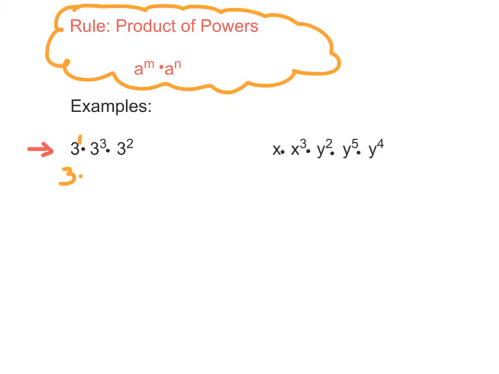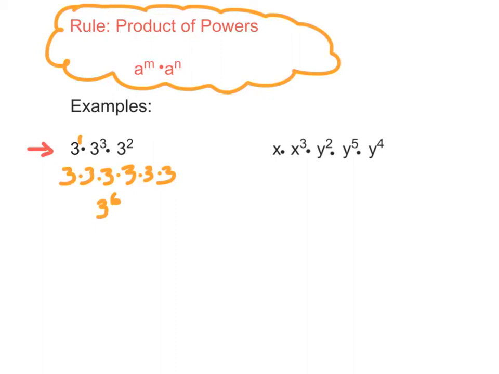Then 3 to the third is 3 times 3 times 3. And 3 to the second is 3 times 3. Now we have 3 times 3 times 3 times 3 times 3 times 3. That's the base of 3 being multiplied by itself 1, 2, 3, 4, 5, 6 times, so 3 raised to the 6th power.